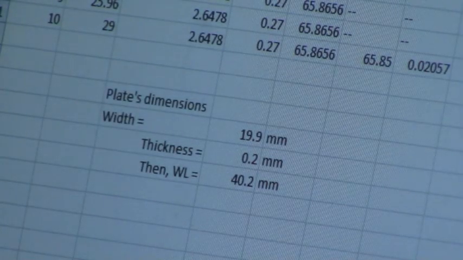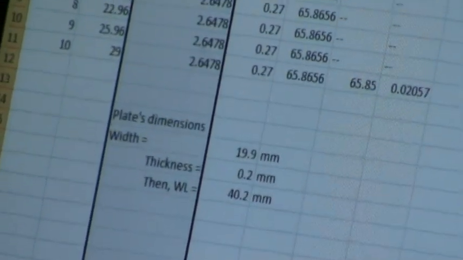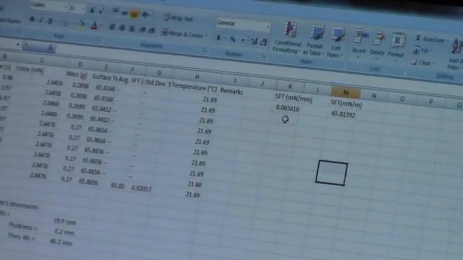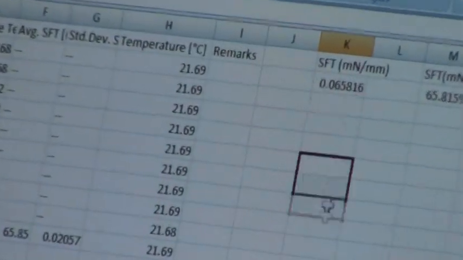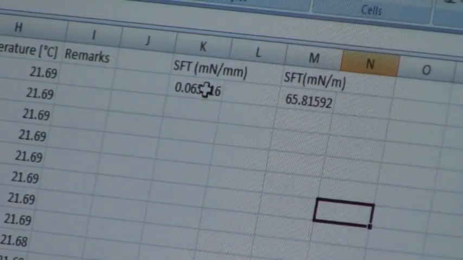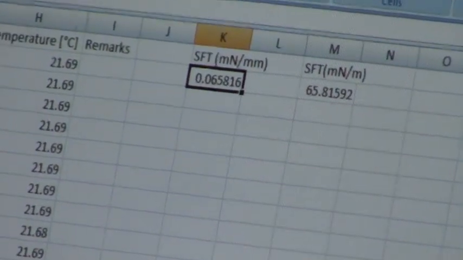These are the forces that we'll be using, force normal over the wetted length here. I calculated one of them, and you should do the rest in these cells for the other 9 values, and get the average. For this one, I've calculated the force in millinewton over wetted length in millimeters, so this is the value.